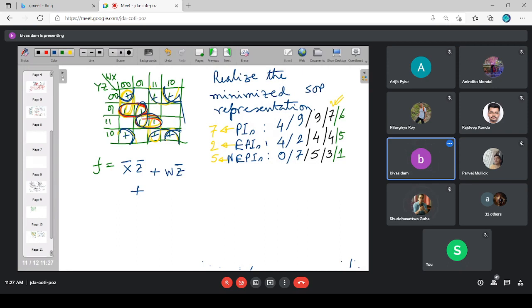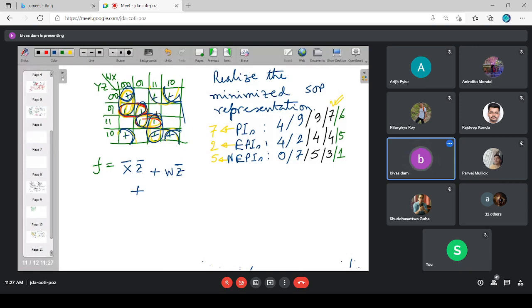Whereas this group and this group are covering only single yet to be covered cells. So our first target will be to take something from these three, which are covering two cells each.